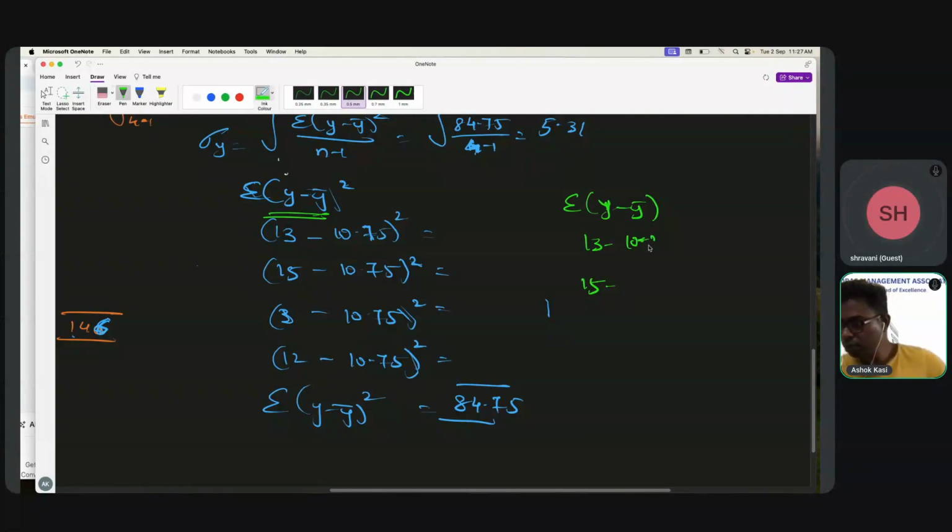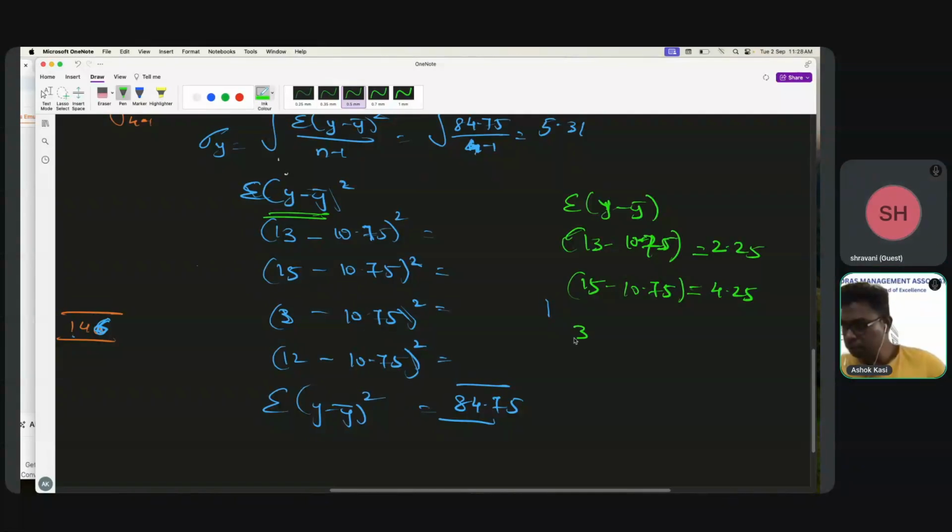So you don't take square. 13 minus 10.75 is 2.25. 15 minus 10.75 is 4.25.